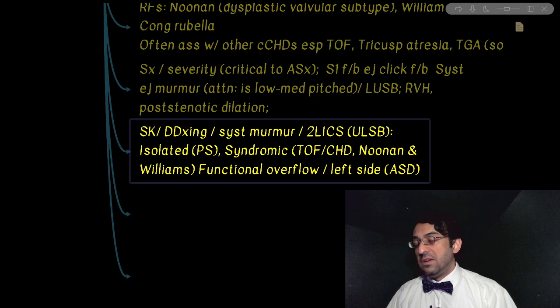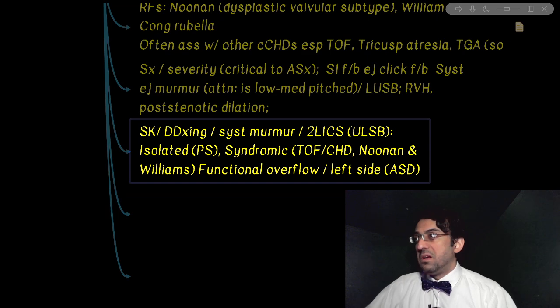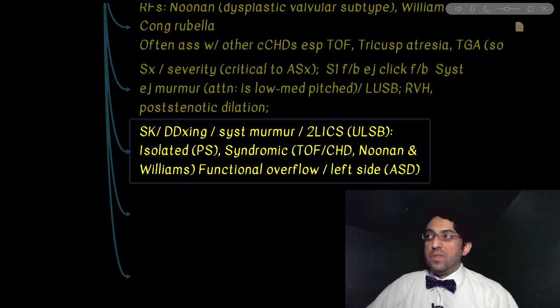Remember, on the aortic stenosis, we could have these same murmur findings, but in the second right intercostal space. Give an example of a condition that we can have functional overflow on the pulmonic system. That's atrial septal defect. That is, without having pulmonic stenosis, we could hear the murmur of pulmonic ejection murmur.